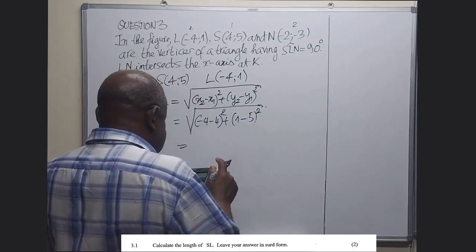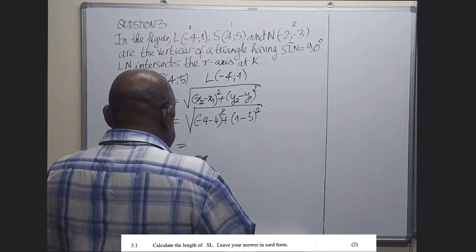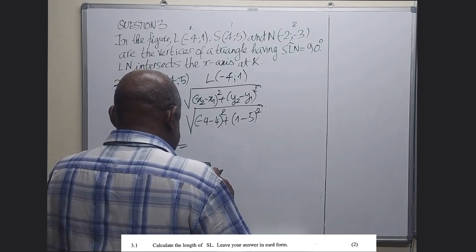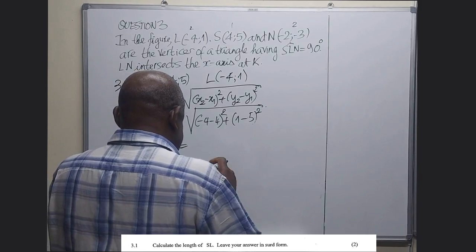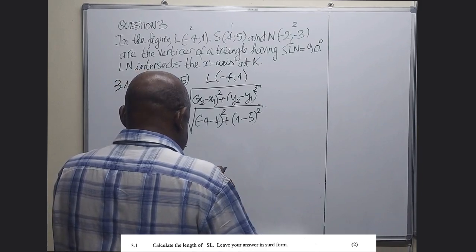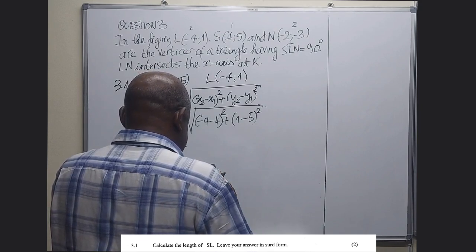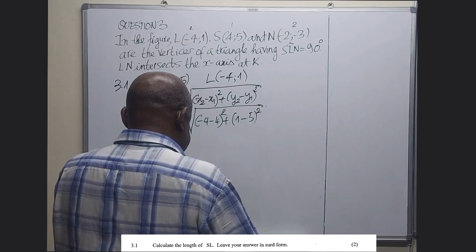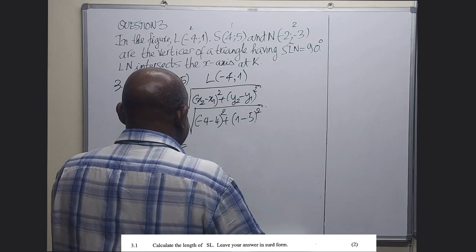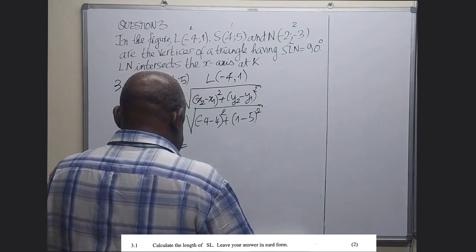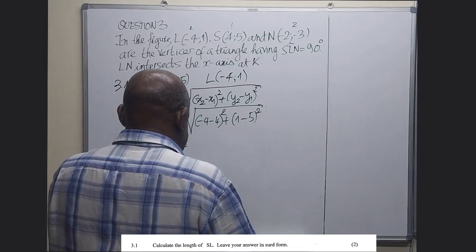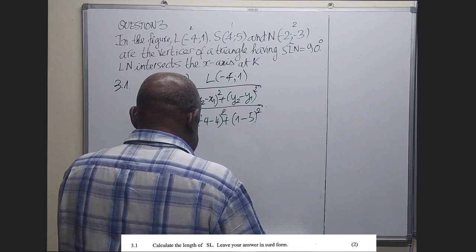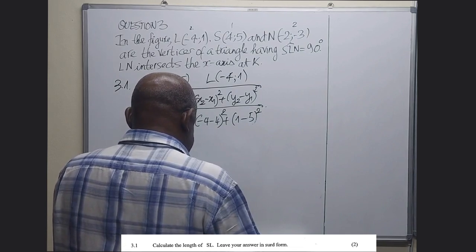So our calculation will be the square root of negative 8 squared plus negative 4 squared. We're going to get 64 plus 16, which is 80.